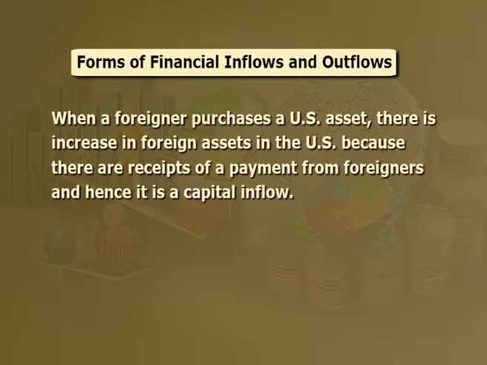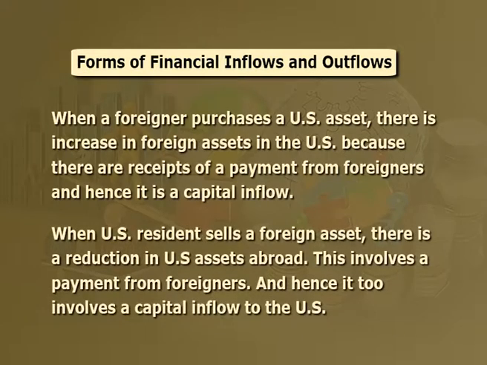In the same way, when a US resident sells a foreign asset, there is a reduction in US assets abroad. This involves a payment from foreigners and hence it too is a capital inflow to the US. On the other hand, financial outflow involves an increase in the nation's assets abroad or a reduction in foreign assets in the nation, because both of them involve payment to foreigners.